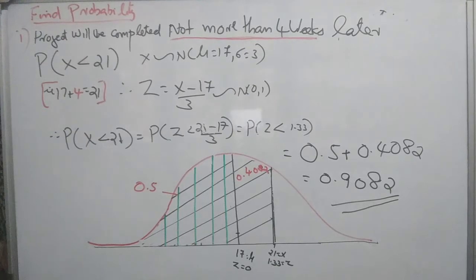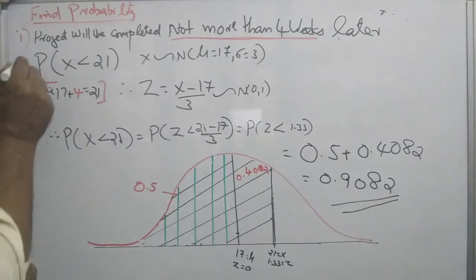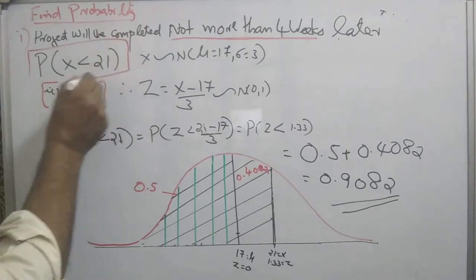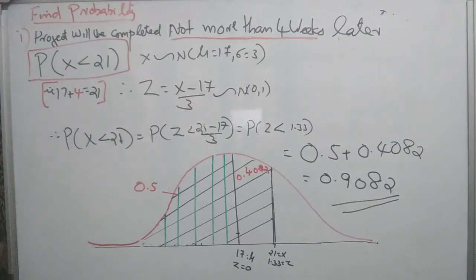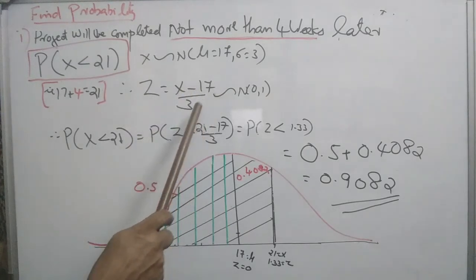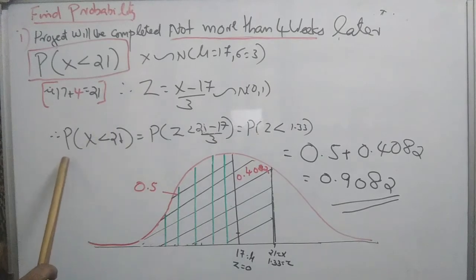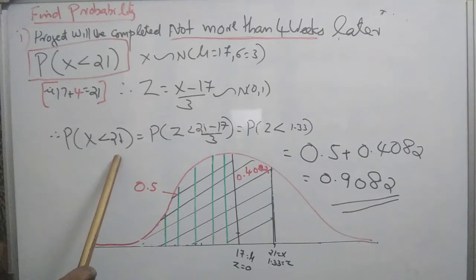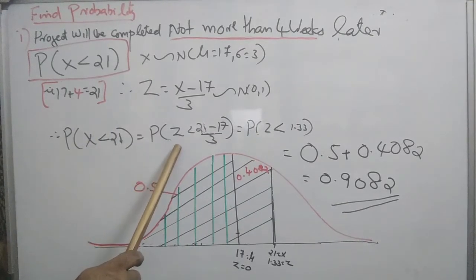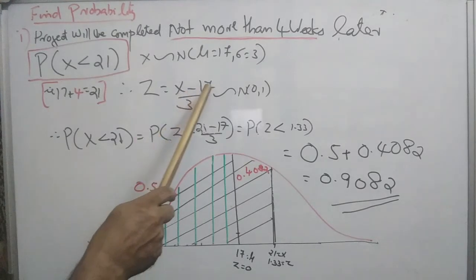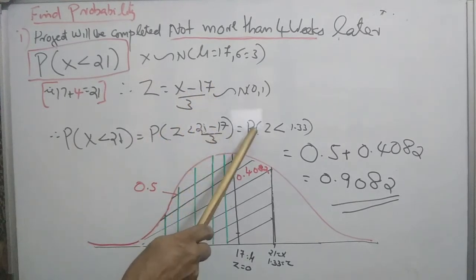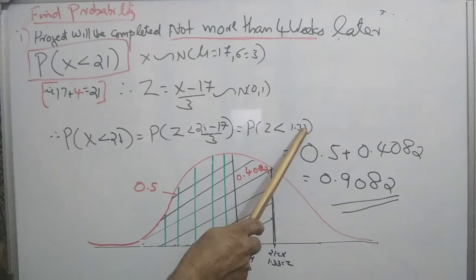Therefore, the required probability is probability that X is less than 21. That is the statistical problem. We know that Z equals (X minus 17) by 3 follows standard normal distribution. So, in the same fashion, the required probability is X less than 21, that is, Z is less than (21 minus 17) by 3. That is probability that Z is less than 1.33.